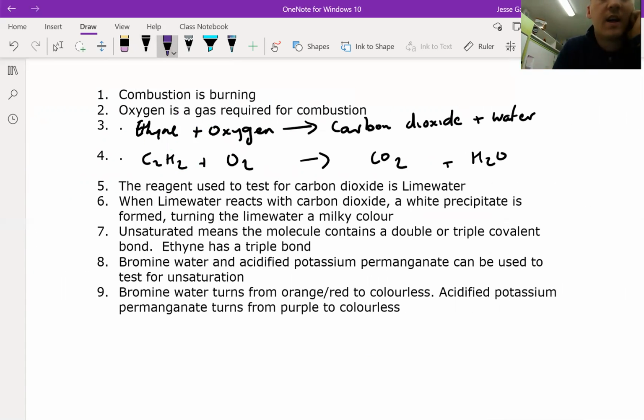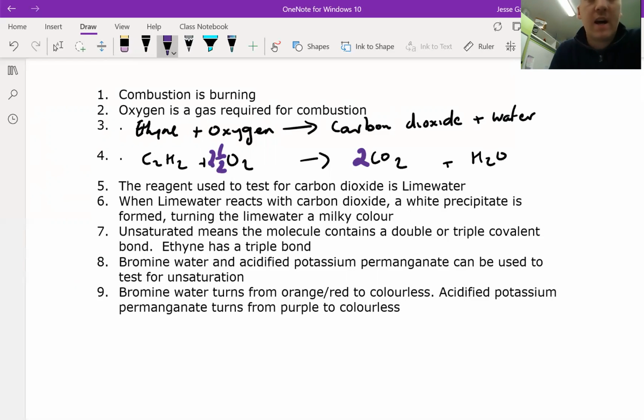See here that I have so, has that fixed my issue? I've got 2 carbons on the left, 2 on the right. I've got 2 hydrogens on the left, 2 on the right. I've got 5 oxygens on the left, and I'm going to have 2.5 on the right, like this, 2.5.